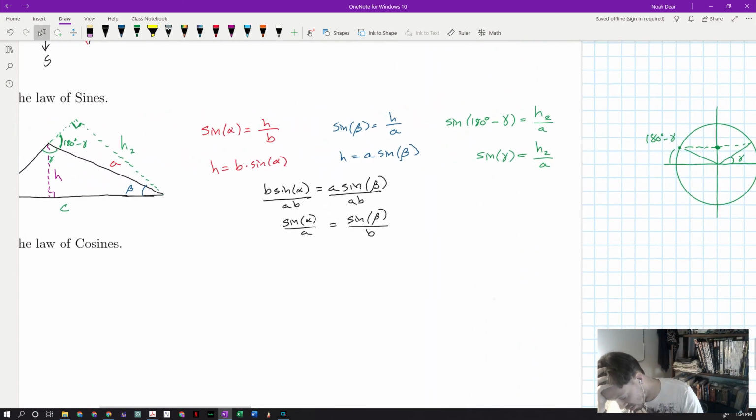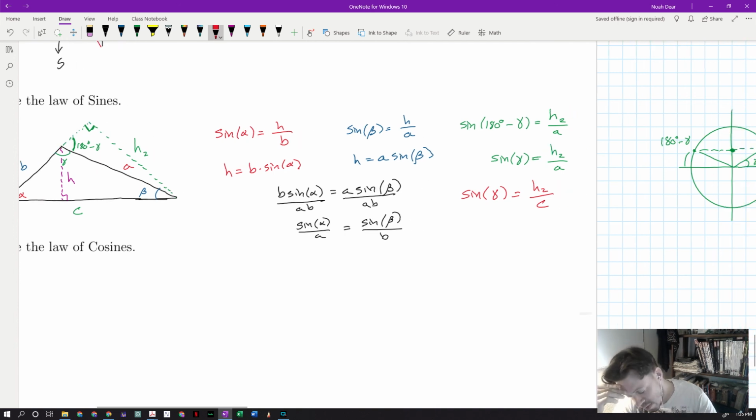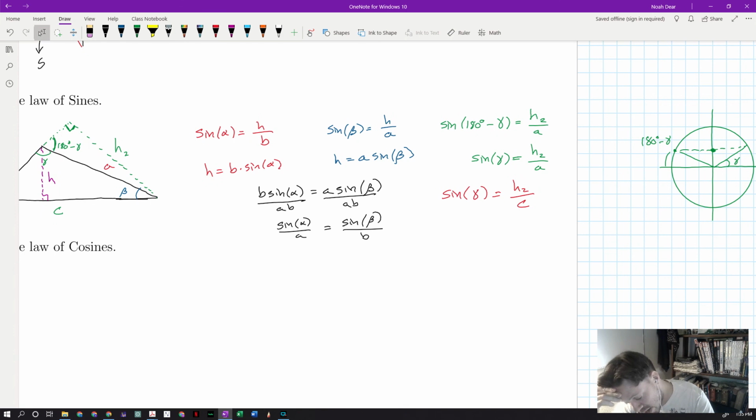All right, now let's look at, we'll use the sine of alpha. If I look at this big triangle here and use that alpha angle, then the sine of alpha is the opposite, is H2 over the hypotenuse for that triangle is C. And so I get H2 equals C times sine of alpha.